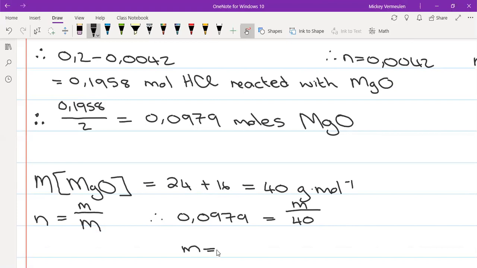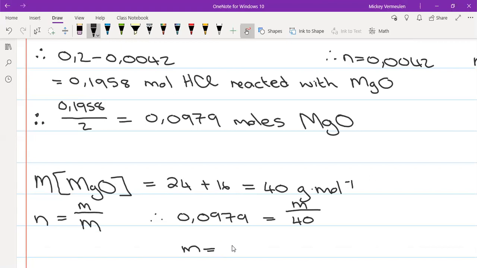And now we can calculate how much of that mass was magnesium oxide. I'm going to go back and double check my calculations, but it looks like it's right. You never know with me. Times 40.